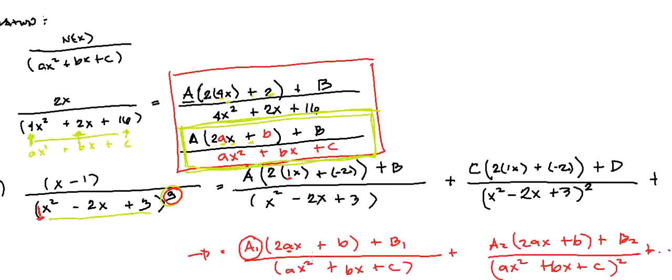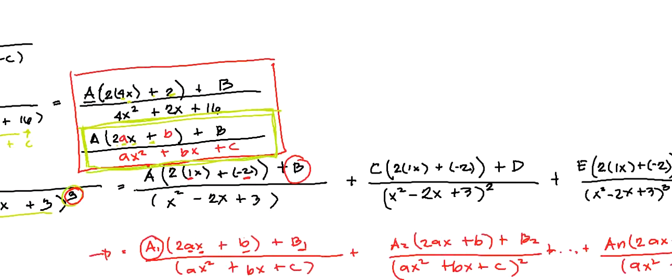So we write 1, then x plus our b, which is negative 2, plus another constant, which we designate as letter b, all over the quadratic form, but raised to 1 muna.